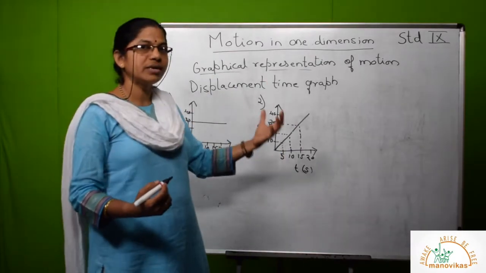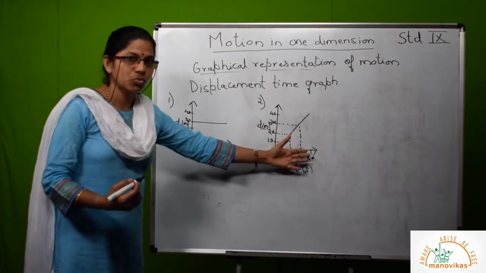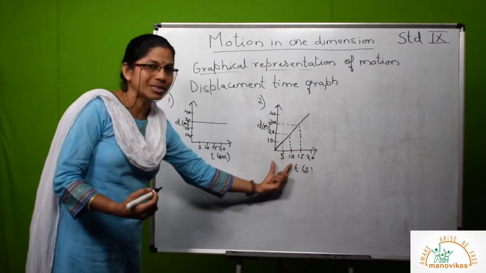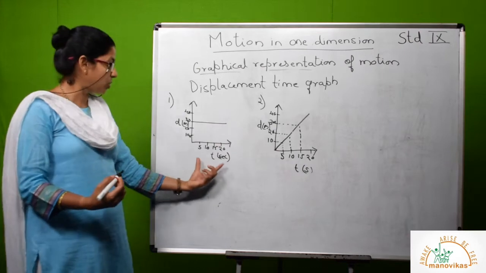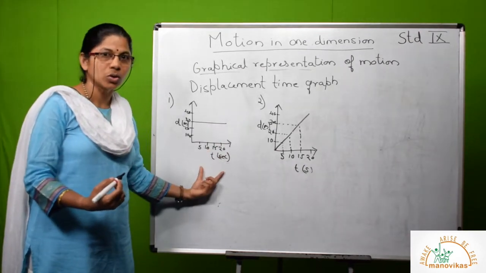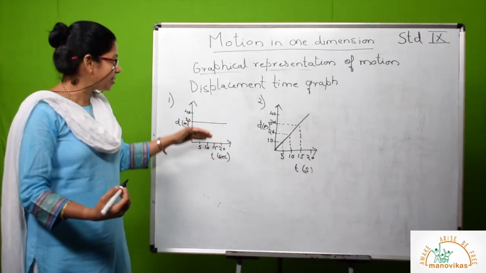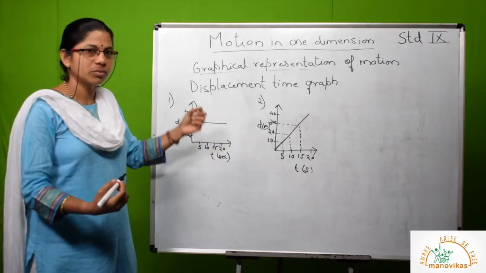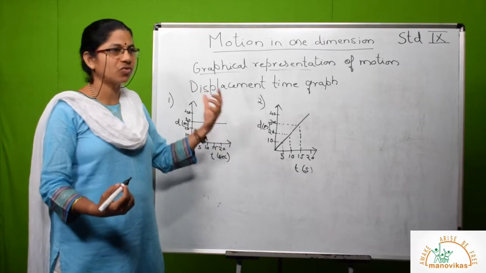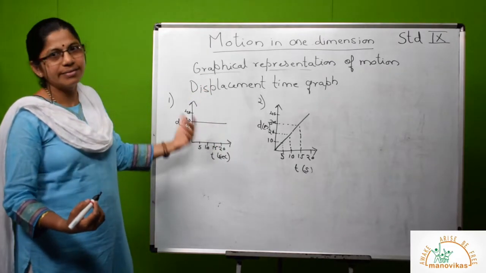Now how do you find the velocity? Before telling more about this, I just come to the previous graph. Here you find velocity of the object is 0. The reason is because this graph is parallel to the time axis. Since the object is not moving, the velocity is 0.